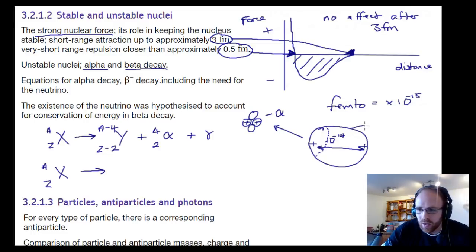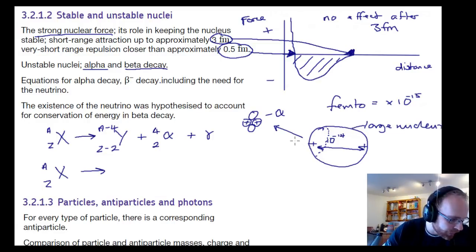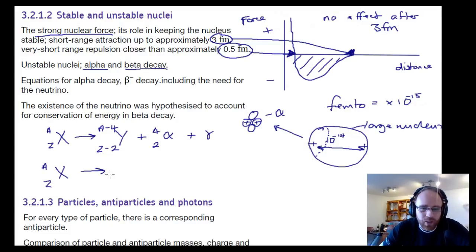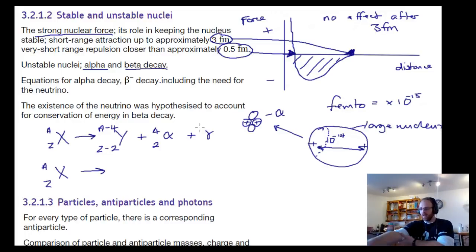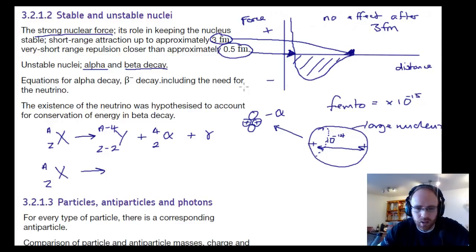This is a large nucleus, chat, with a diameter of about 10 to the minus 14 meters. So if we have too many neutrons, a neutron can decay into a proton. Neutrons on their own can decay spontaneously, but they're more stable when they're inside a nucleus.